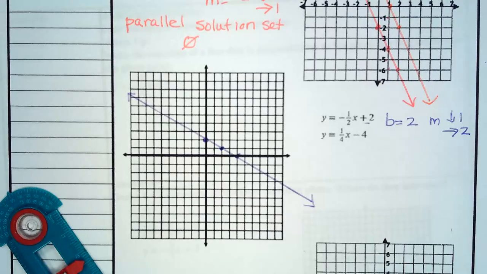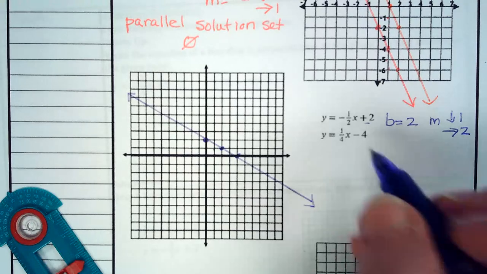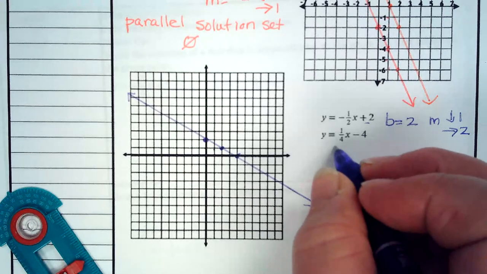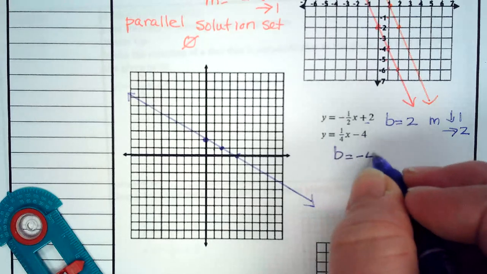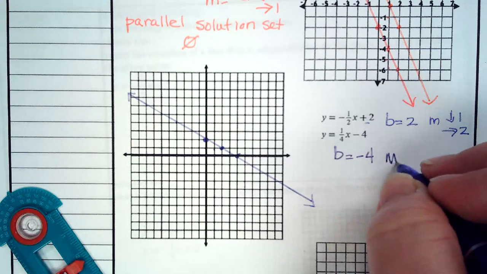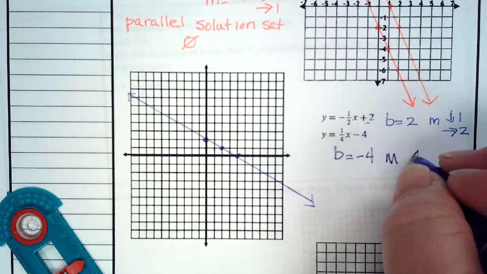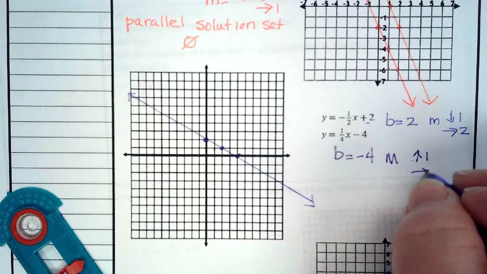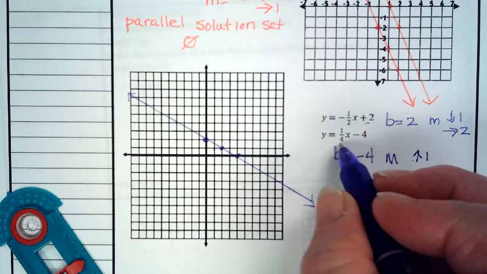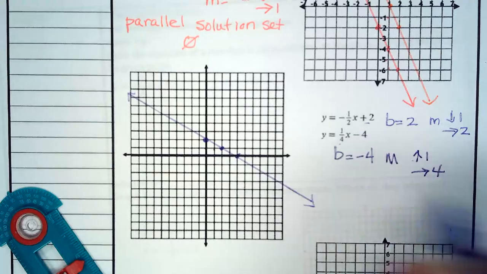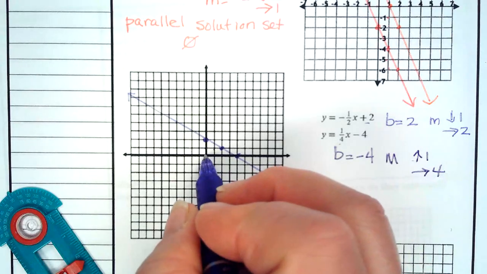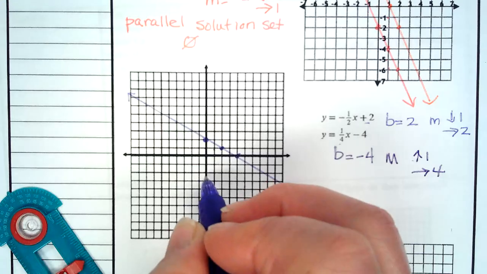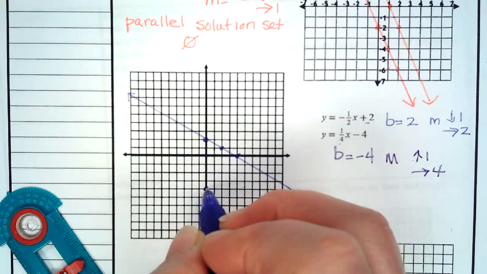Okay, for the second one, where do I begin? At -4. How do I move? I go up 1 and right 4. It's 1/4. Okay, here's 0, 0. 1, 2, 3, 4.